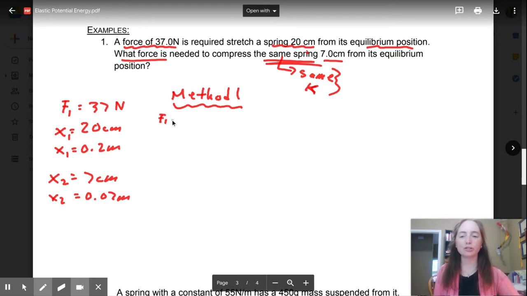So my spring force, the force necessary to squash a spring, is equal to kx. With this, I can rearrange this to find k.